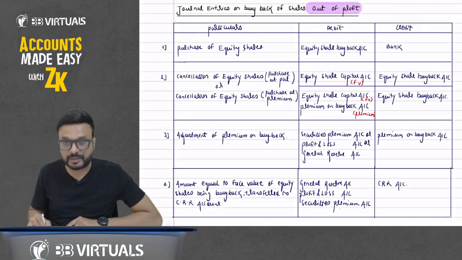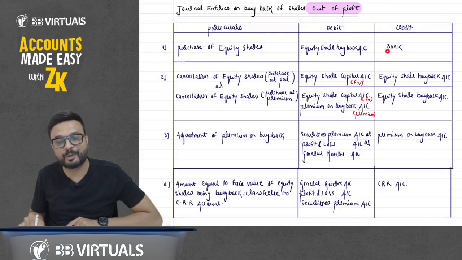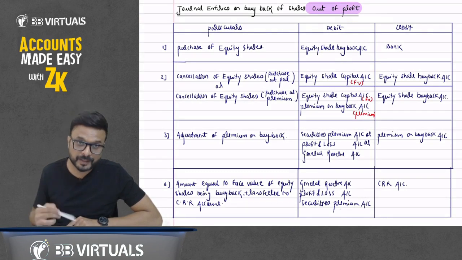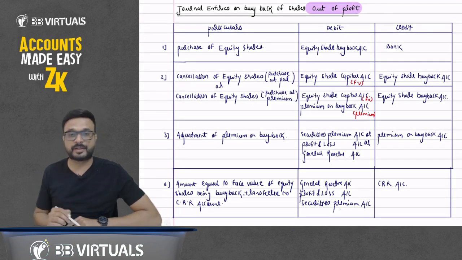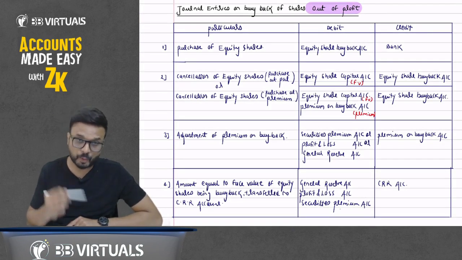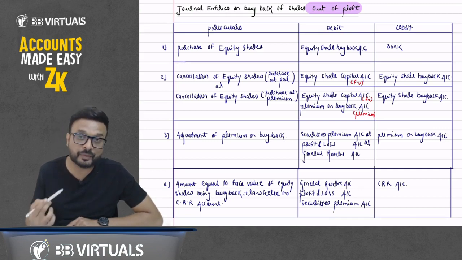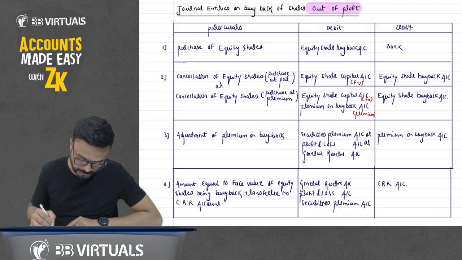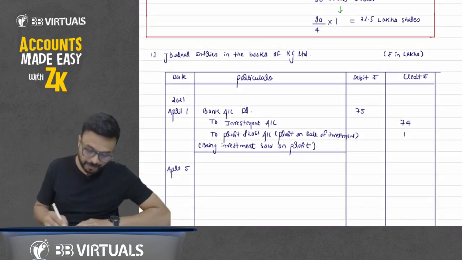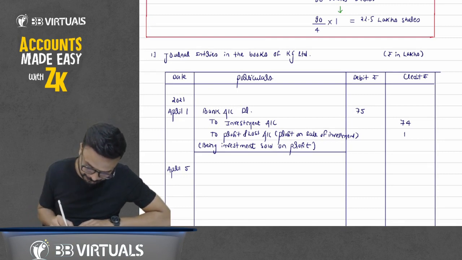Do you remember the journal entries we discussed? When you purchase, equity share buyback account debit to bank account. But we are not purchasing at rupees 10 per share, we are purchasing at rupees 15. So write down here, we have purchased equity shares.